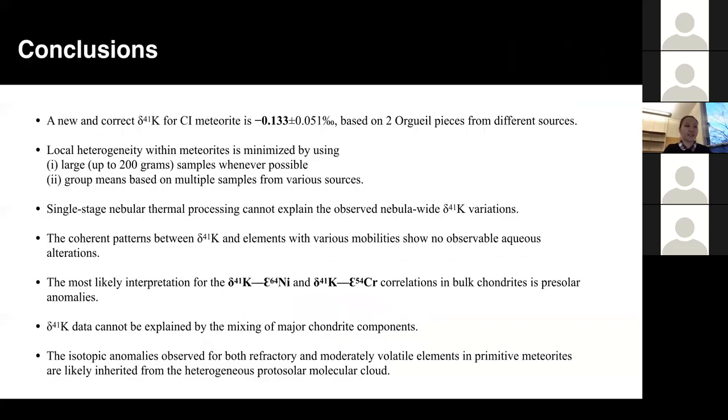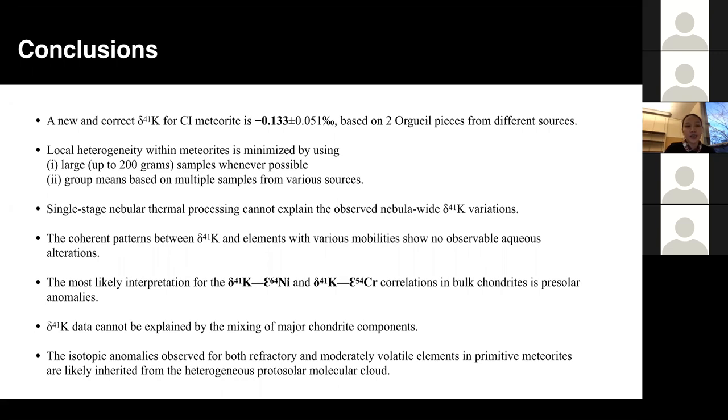So we propose a new and correct potassium isotope value for the CI meteorite, and our samples are made from a large sample size and also obtained from multiple sources around the world, so that we are able to minimize any local heterogeneity.